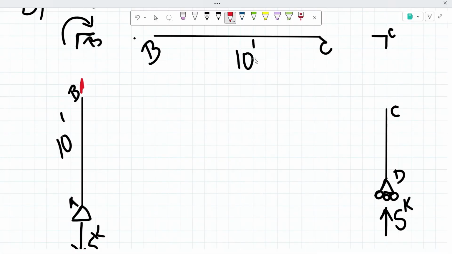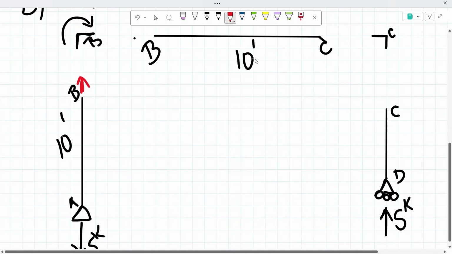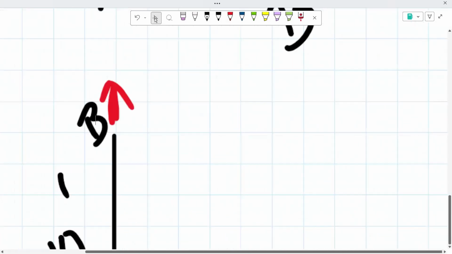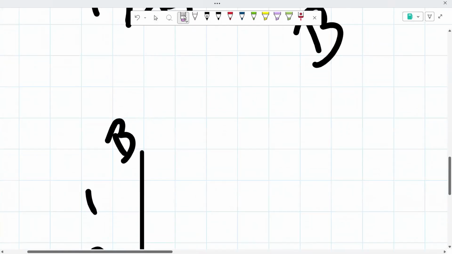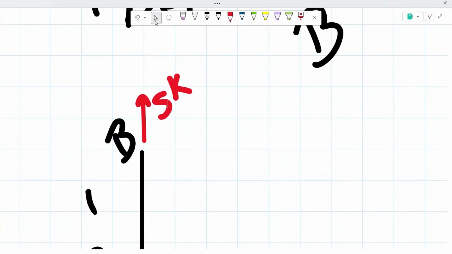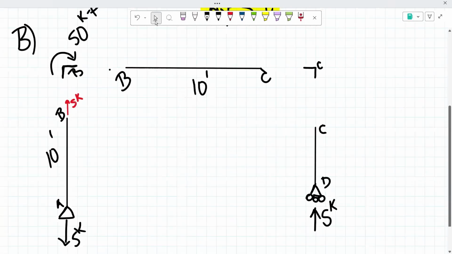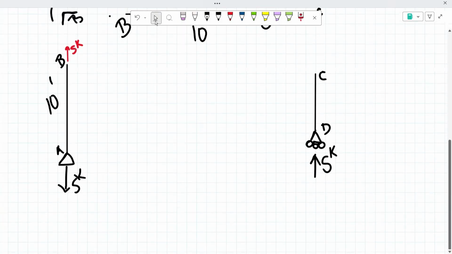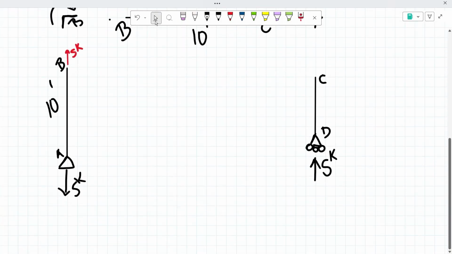So we have five kips going upwards right here. And as you can see, with adding those five kips, that's perfectly balanced out. We don't have to do anything. So now we're going to proceed.